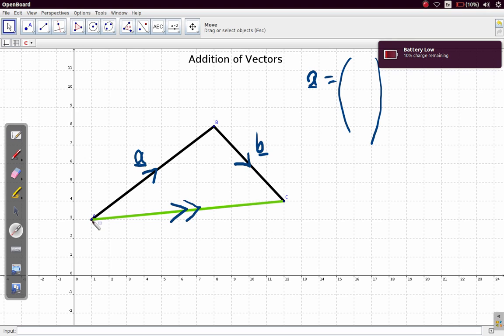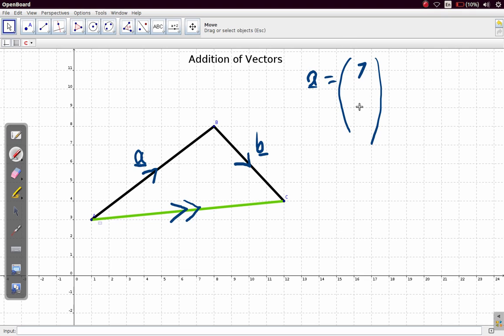To get A, we would have to move 1, 2, 3, 4, 5, 6, 7 to the right, and 1, 2, 3, 4, 5 up. So the x value is 7 and the y value is 5. The horizontal component is 7, the vertical component is 5.